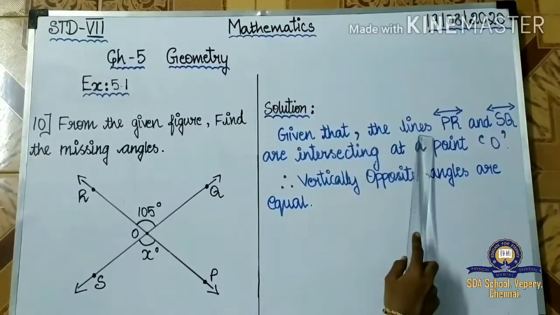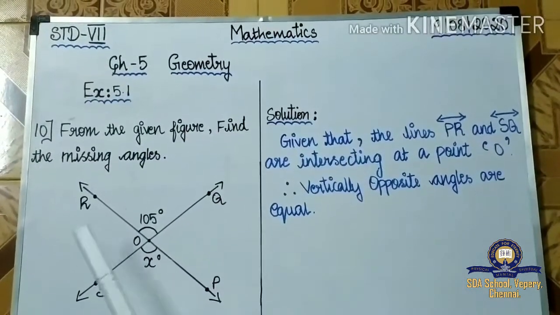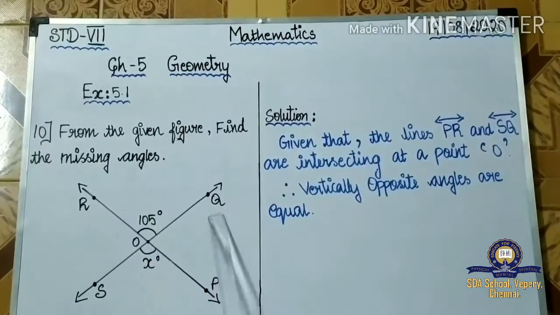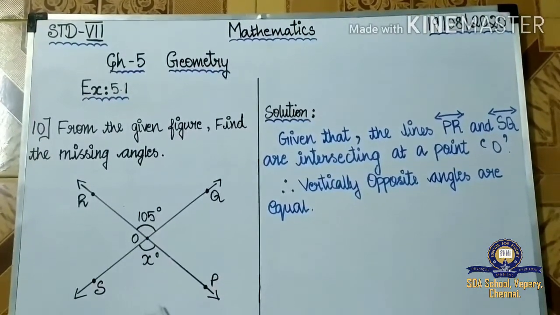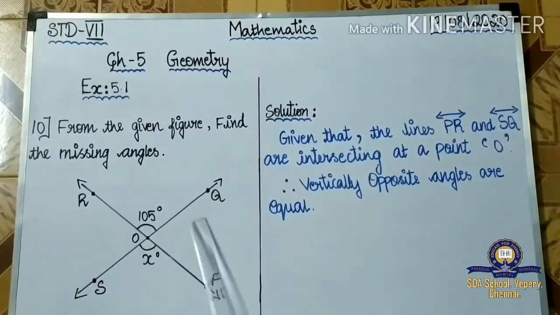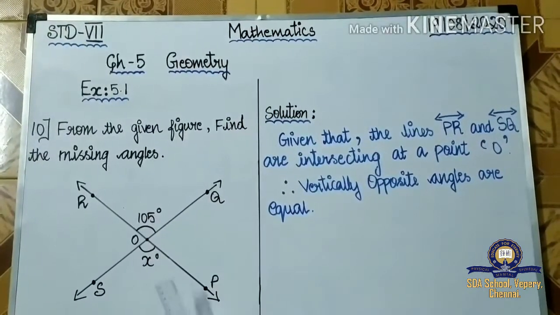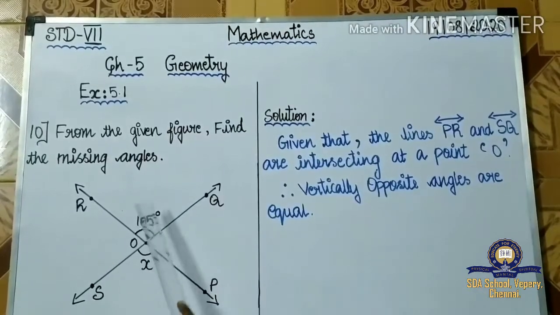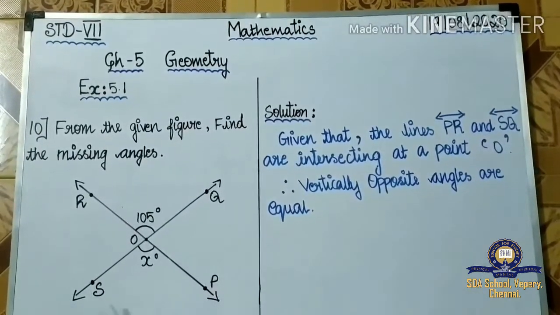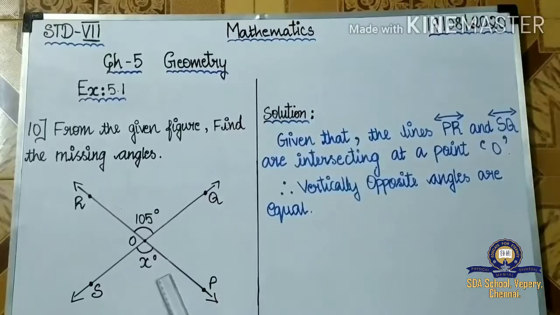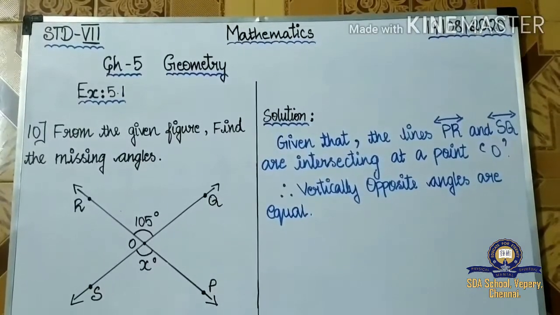Given that the lines PR and SQ are intersecting at the point O, right? Therefore, these look like vertically opposite angles, right? So in the definition, we already learned that vertically opposite angles are equal. So therefore x degree is 105 degree.